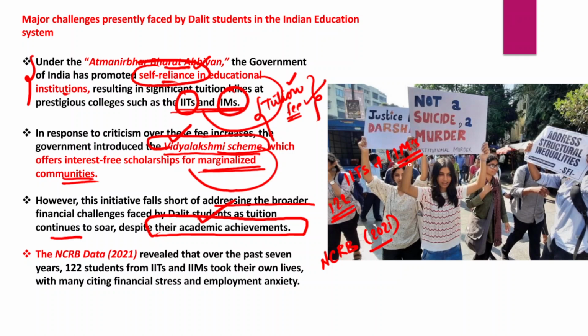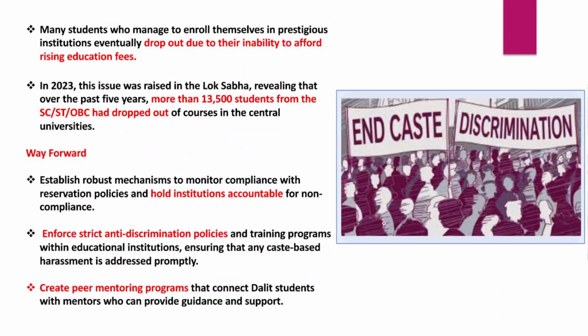One such reason is their inability to pay the tuition fees, and they have been facing a lot of discrimination, right? In fact, they have been facing financial stress and employment anxiety. All these factors have led to around 122 students committing suicide in IITs and IIMs, and this is a very serious issue that has to be considered and requires greater attention.